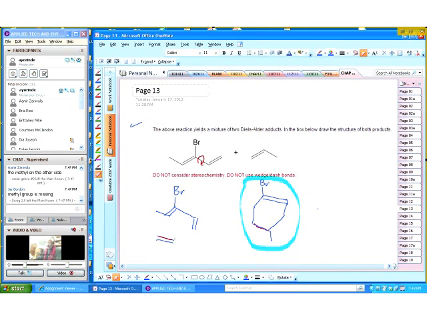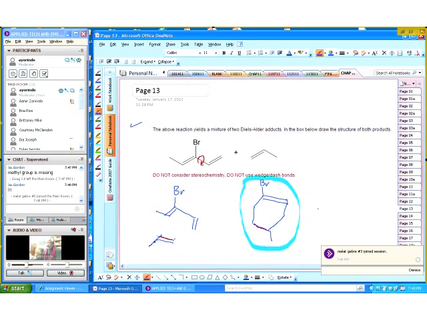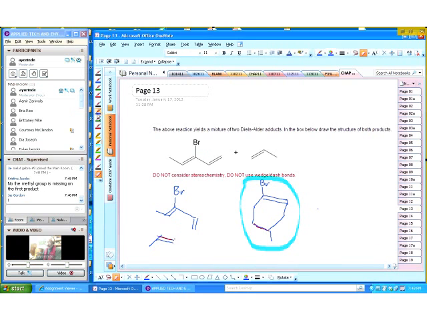And now we take this one out. Just like somebody said, the methyl on the other side. If that is what we do, then we are going to get this product.